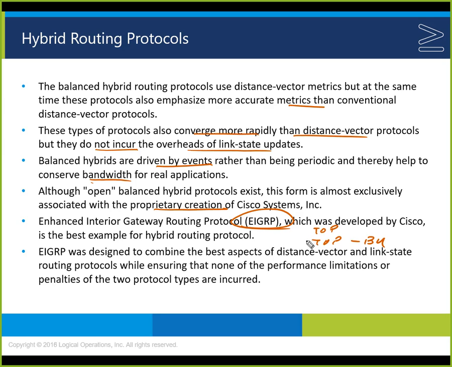I think mine gives 3. So EIGRP would have the primary path, the recommended path, as well as some backups. OSPF would have the primary path, the recommended path, and then if anything happens, it goes and determines a new recommended path based on any of the changes that would happen there.